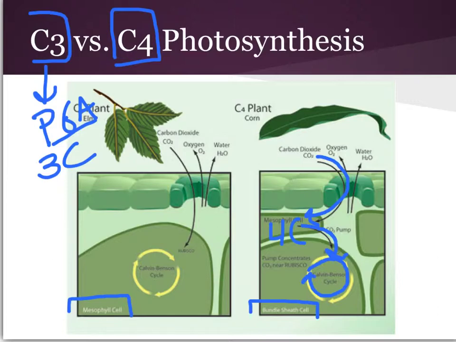The reason it does this is by converting carbon dioxide into a 4-carbon molecule, we can ultimately create a high concentration of CO2 in these bundle sheath cells. And if we have a high concentration of CO2 in the bundle sheath cells, then normal photosynthesis can take place, and photorespiration will not likely take place at all.